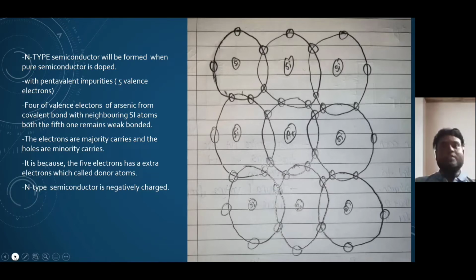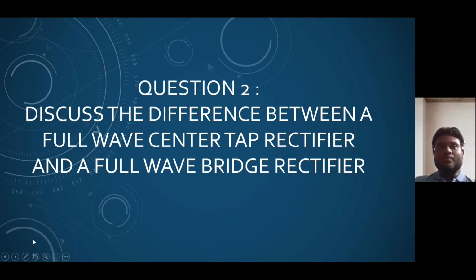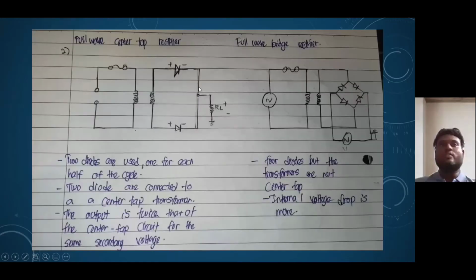Now I'm going to present question 2, which is to discuss the difference between a full wave center tap rectifier and a full wave bridge rectifier. Here there are two diagrams: one is the full wave center tap rectifier and the second is the full wave bridge rectifier.